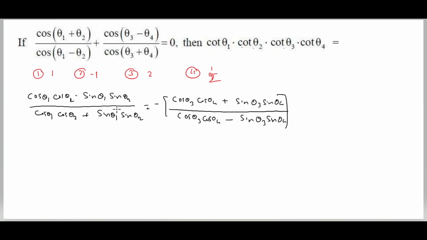So this is in the form of a minus b by a plus b. This is a plus b by a minus b.